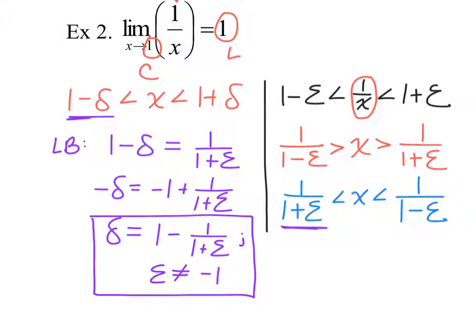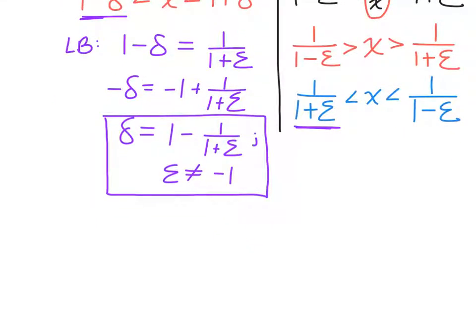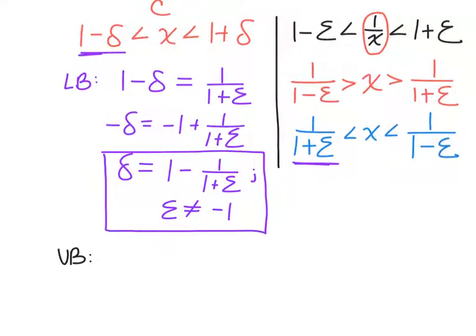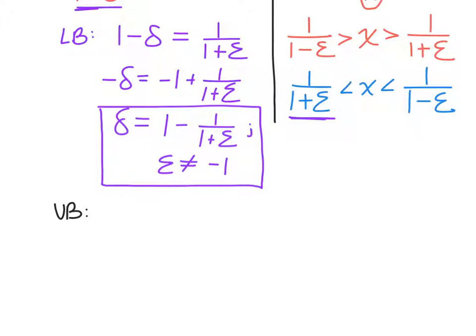All right, so then we figure out the upper bound, the UB. One plus delta. I don't know why I had to look at that, but I did.